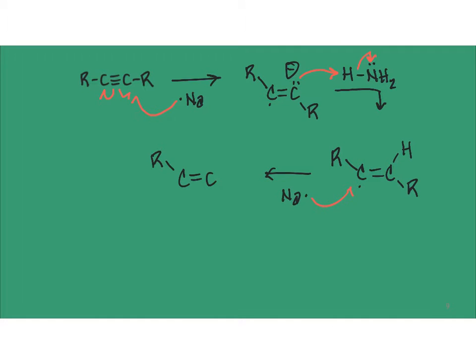It's a carbon anion, so it's a very powerful Bronsted base, which deprotonates ammonia to give our product. In the stereochemistry, the trans stereochemistry of the alkene is established in that first reduction step.